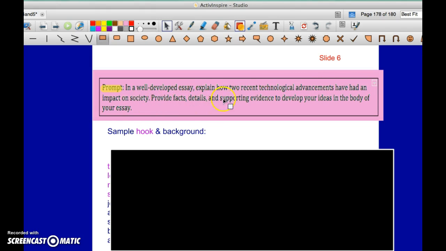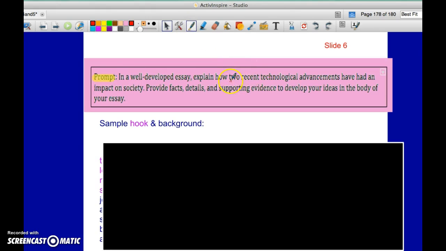Provide facts, details, and supporting evidence to develop your ideas in the body of your essay. We know that our topic is technological advancements, and that our big idea is that they're having an impact on society. So our hook should somehow connect to this piece, and our background should somehow explain and relate to this piece. Let's look at a sample.